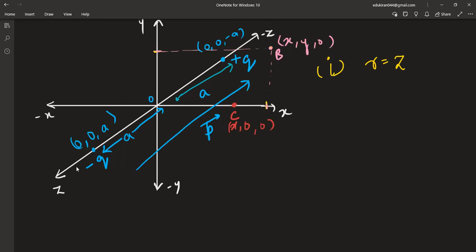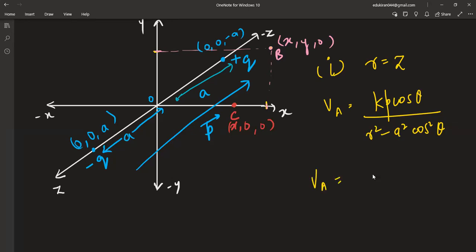So potential at this point A will be Kp cos theta divided by r square minus a square cos square theta. Fine. What is r? r is given as z. So that is Kp cos theta divided by z square minus a square cos square theta.